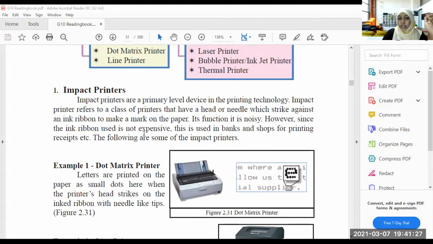When the ink of the ribbon finishes, we can buy it. It is not that expensive to buy the parts of this printer. So most of the people are using these printers in the bank and in the shop to print the receipts and all these things because all these impact printers are not that expensive, right?